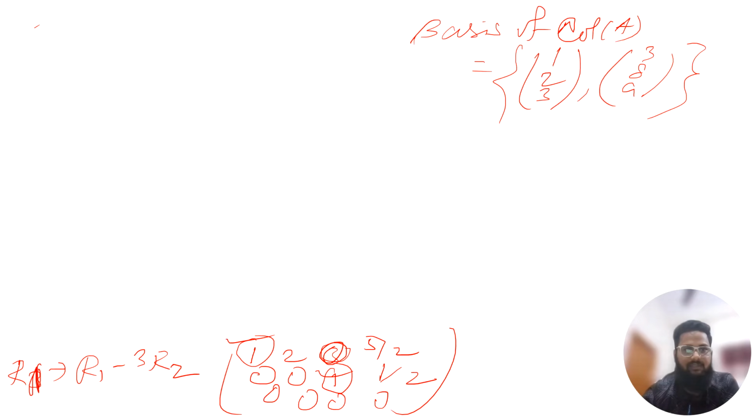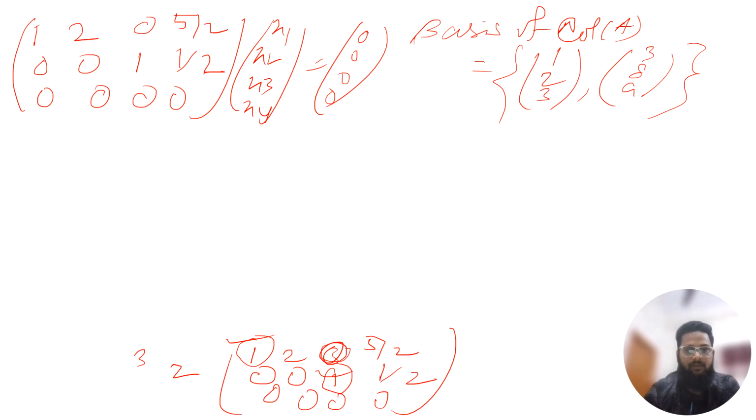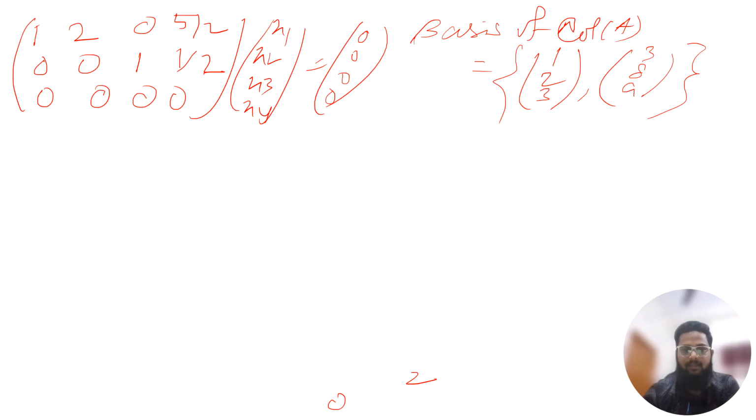Okay, so if you take the same matrix you will get 1 2 0 5 by 2, 0 0 1 1 by 2, then 0 0 0 0, into x1 x2 x3 x4 equal to the 0 vector, right? Now you are going to solve this to find the basis of null space.